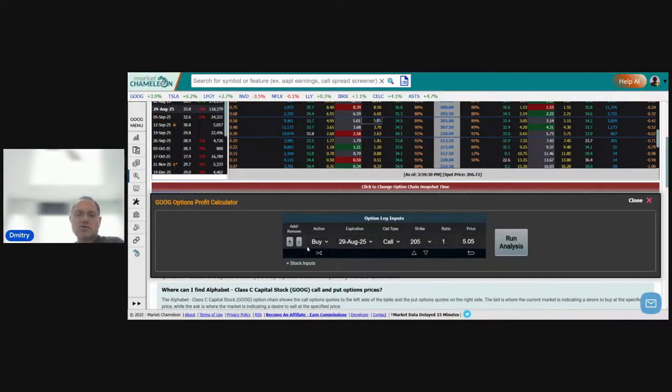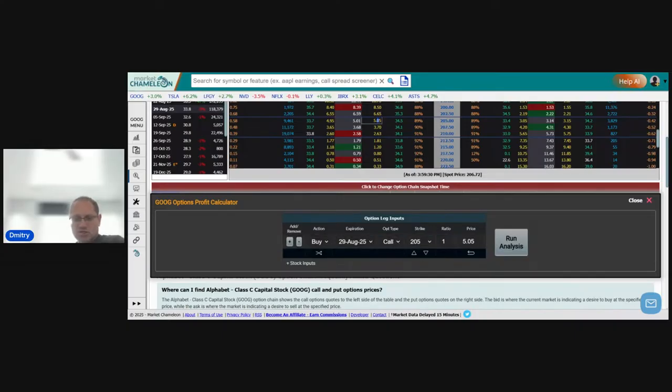Since I clicked on the offer, it defaults to buying an August 29 205 call for $5.05. We could change these parameters, but when you click on it, it auto-populates the ask price over here on the buy side, and the details of this option.